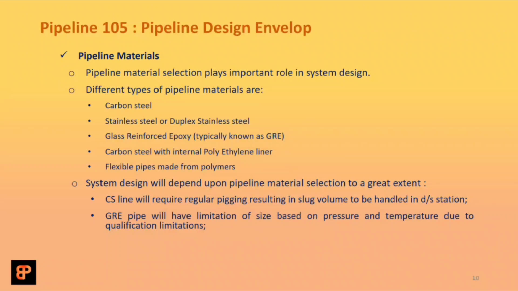If there are impurities like sand and proppants flowing along with the fluid, mainly in upstream gathering systems, then it might erode the GRE pipe, and inside the GRE pipe we can't do intelligent pigging or UT inspection, by which we can estimate the loss of thickness. So it becomes even more difficult for the GRE pipe because it remains an unanticipated thing.